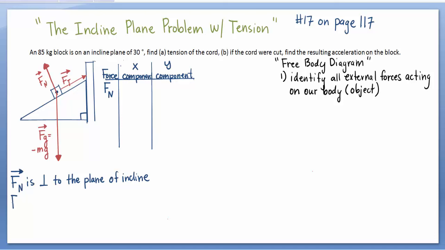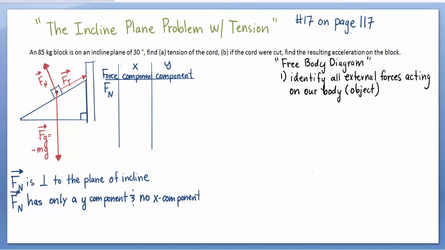So we can write out again, you don't have to write this out, but this is for your understanding. Fn has only a Y component and no X component because it only moves in the positive y direction.